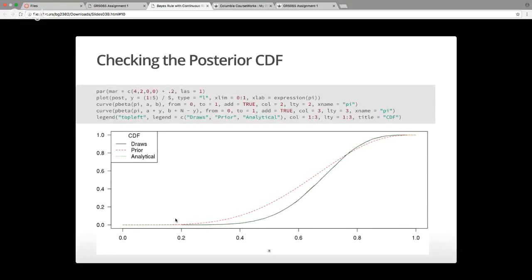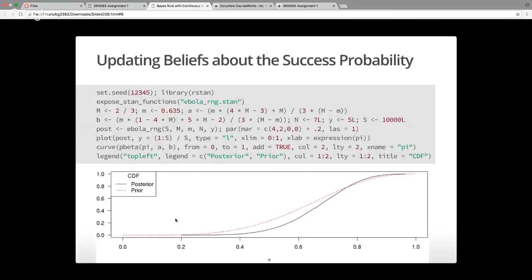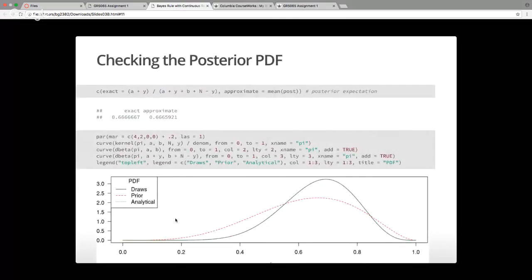We can check by putting the green line on these, and it's exactly lined up with the black line that we had before for the CDF and for the PDF. Moreover, we can calculate our posterior mean analytically for a beta distribution and also approximate it by the mean of the draws that we got when we evaluated our Stan function.